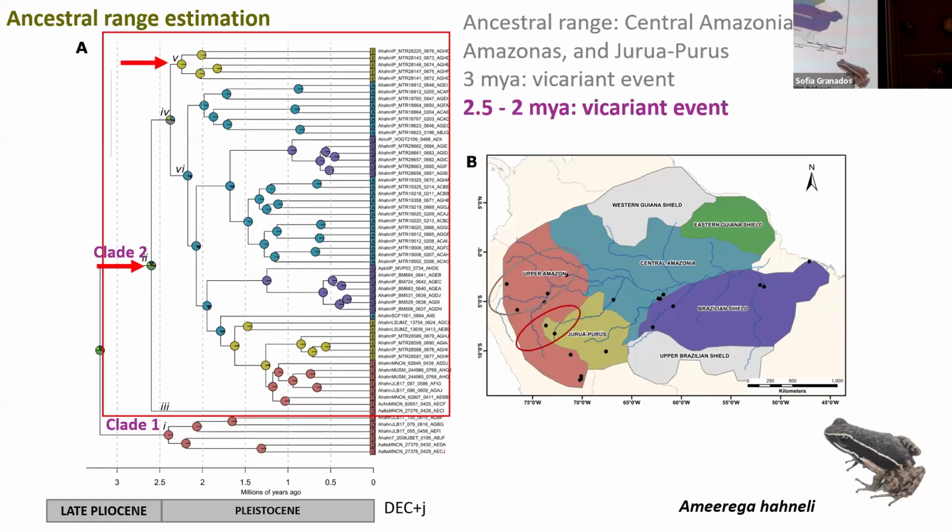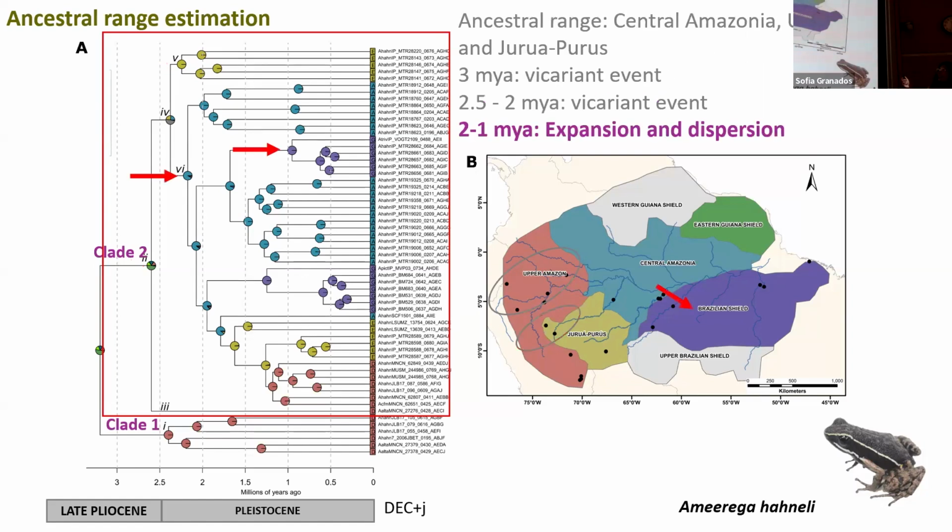After this, we detected another vicariance event that split populations from this bioregion, the upper Juruapurus, from the rest of them. Of the other ancestors here, one went to the Juruapurus, and the other one was estimated to be around the Central Amazonia bioregion, as you can see here.